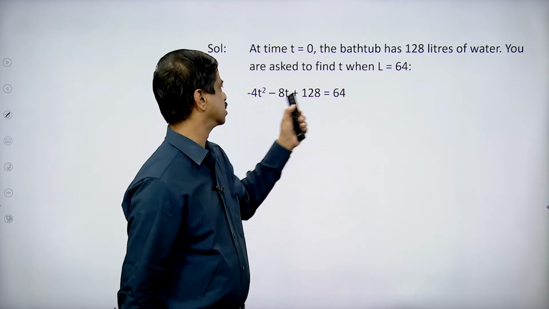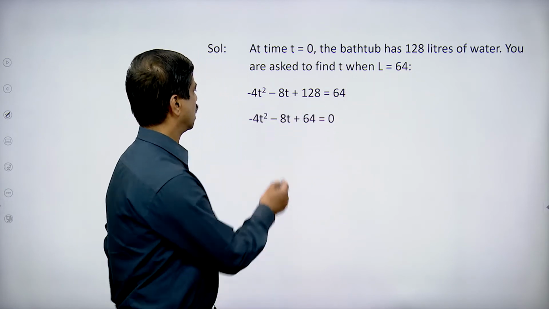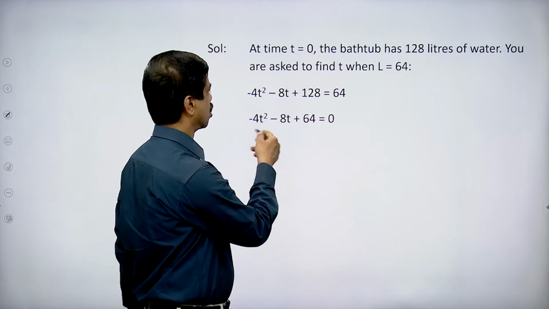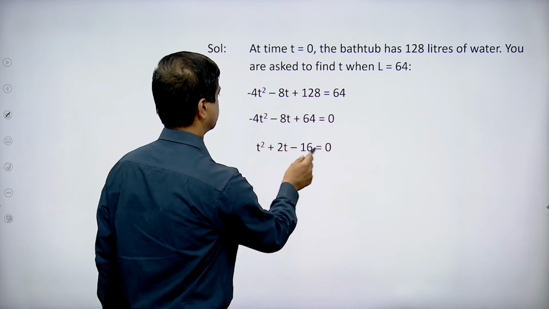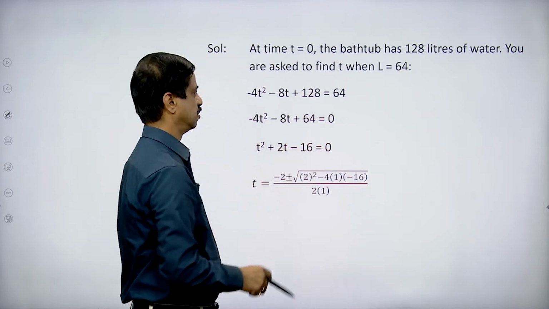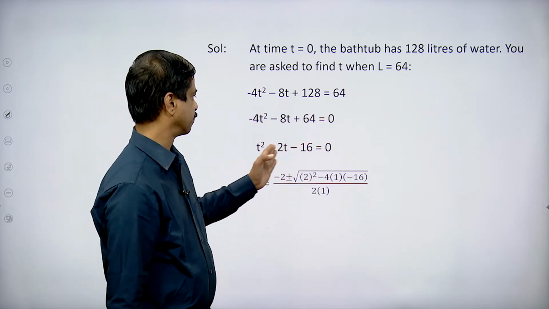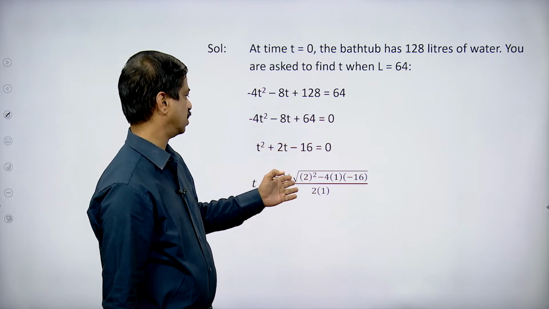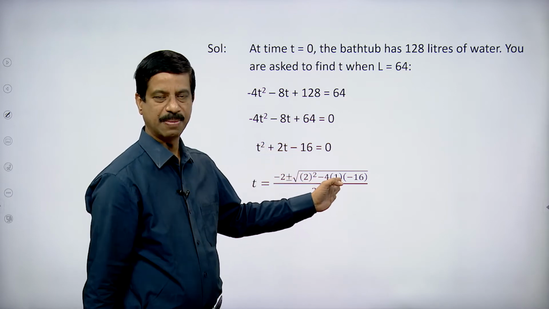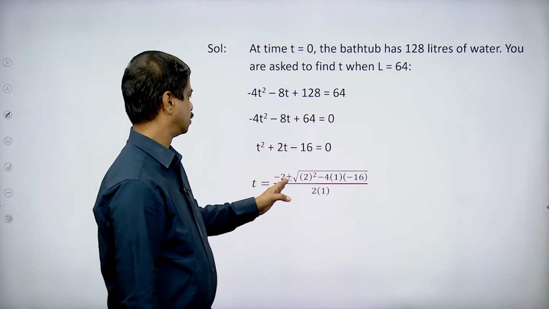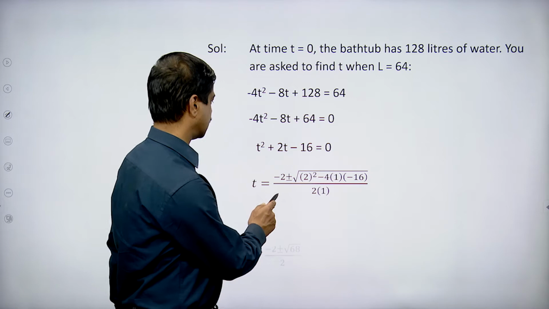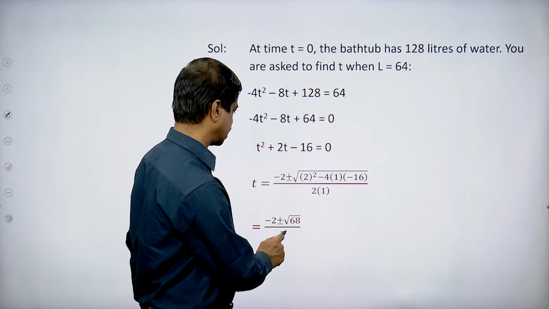So equate L to 64. Now you should be able to simplify. Take 4 common and eliminate it. So you will get t square plus 2t minus 16 equals 0. Can you take factors? No. So let us use the formula minus b plus or minus root of b square minus 4ac, by 2a. You will get minus 2 plus or minus root 68 by 2.